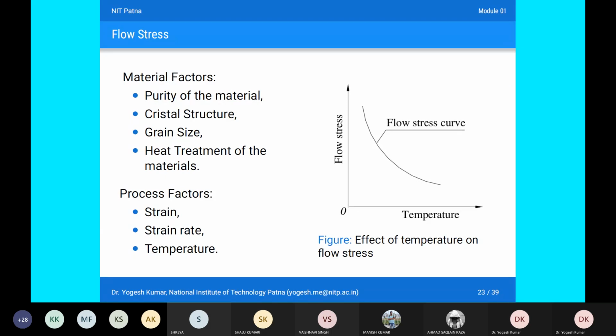If you apply a sudden loading, obviously your material gets fractured. But if you apply gradual loading slowly, it means your strain rate is slow, and you are able to plastically deform your material.